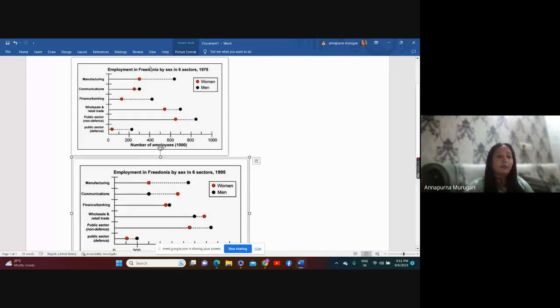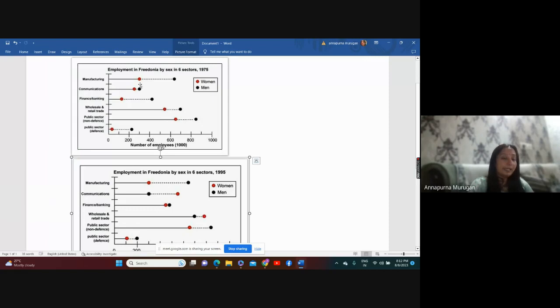Another thing you can see overall, if you have to keep your initial overview minimal: if you see the total strength of all the working people in Fredonia, comparing 1975 and 1995, you will see that there is an increase in the workforce of Fredonia. That means overall workforce.